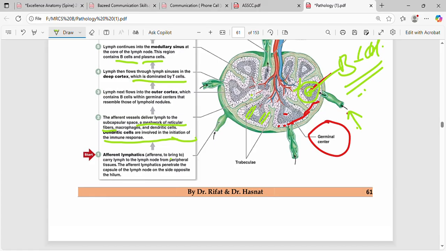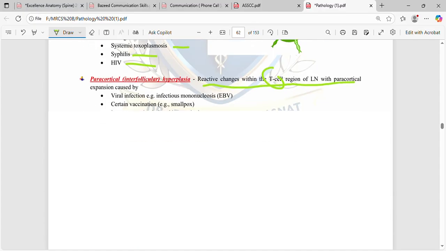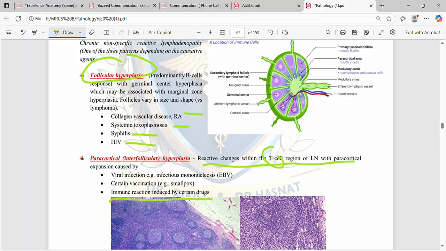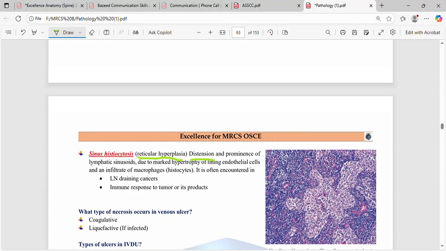So actually this sinusoid enlargement, these are basically like vessels, with endothelial lining cells. This enlargement will cause the overall enlargement of the lymph nodes, and it will be because of lymph nodes draining cancers and immune response to tumors or their products. So this is sinus histiocytosis, which is also called reticular hyperplasia.